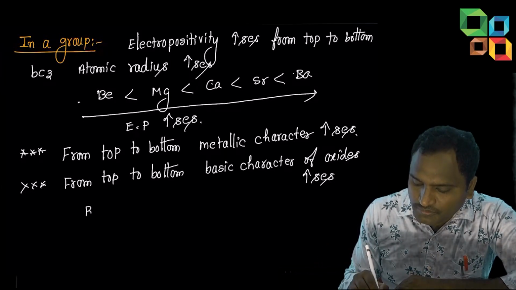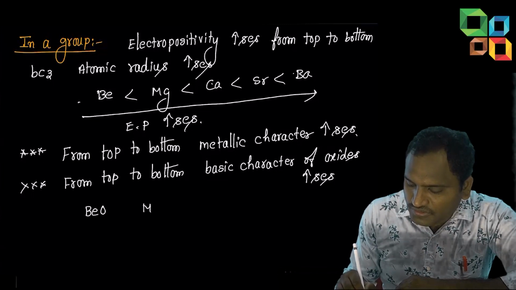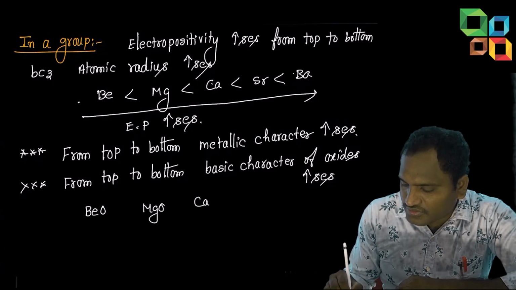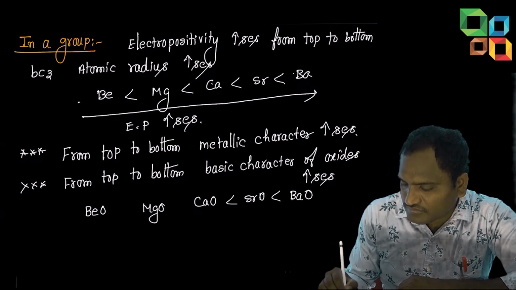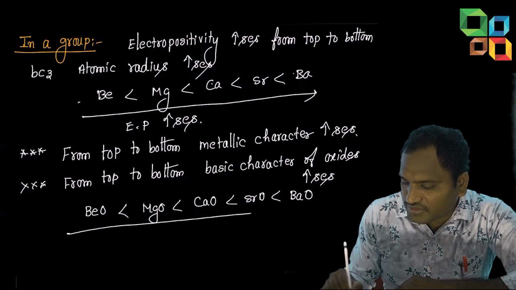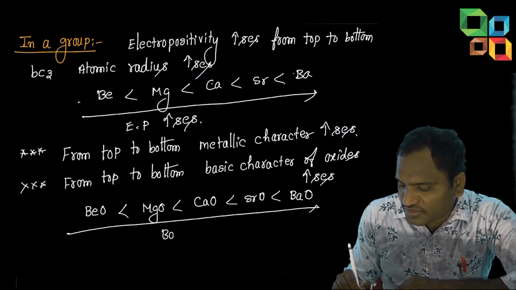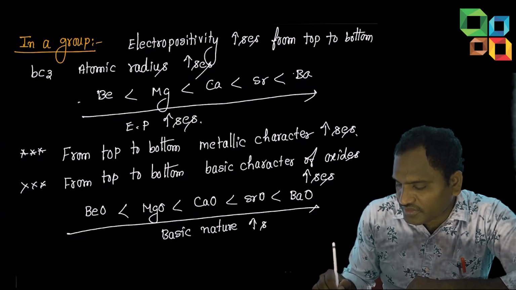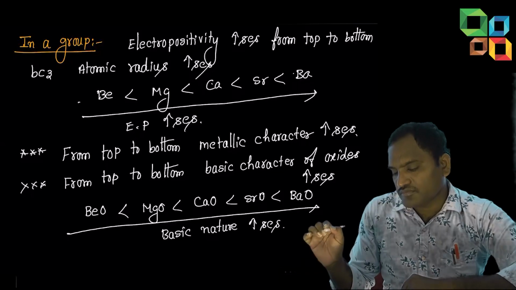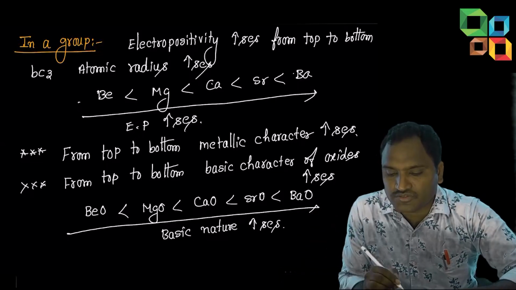If you see beryllium oxide, magnesium oxide, calcium oxide, metallic character is increasing, basic nature also increases. You can decide like this. It's an application.